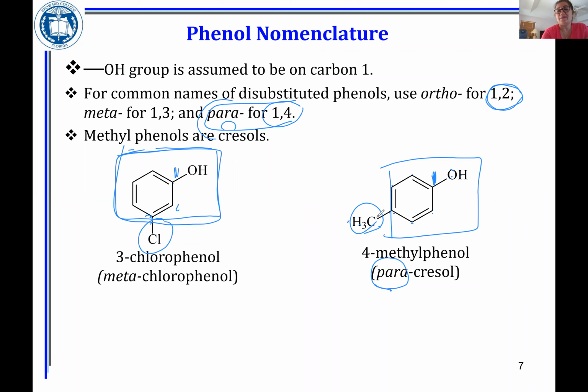If you just say para, that means these two are in the 1,4 position. If you say meta, that means they are in the 1,3 position. If one is on carbon 1, the other one is on carbon 3. So you have 1,3 or meta, 1,4 or para, and then 1,2 would be ortho. Okay, 1,2 is ortho.